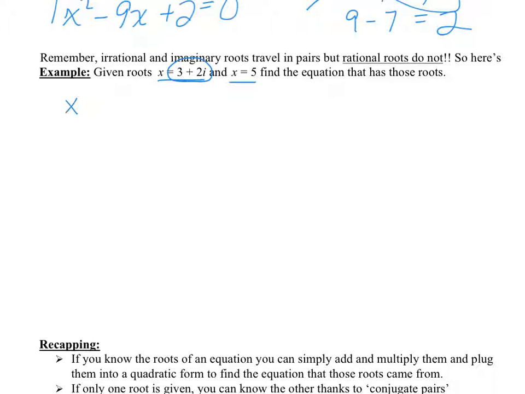So if x equals 3 plus 2i, then one of the other answers is x equals 3 minus 2i. And then another root was x equals 5. So those are the three roots.